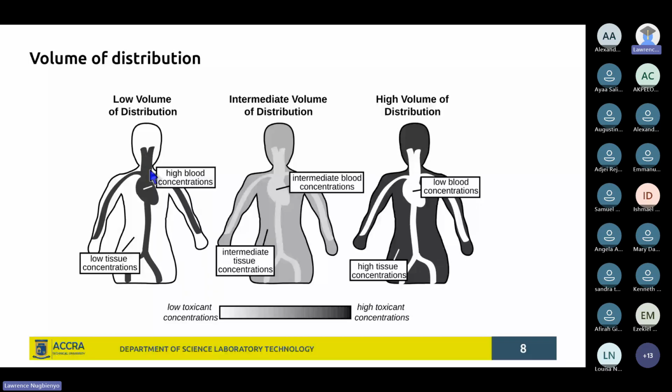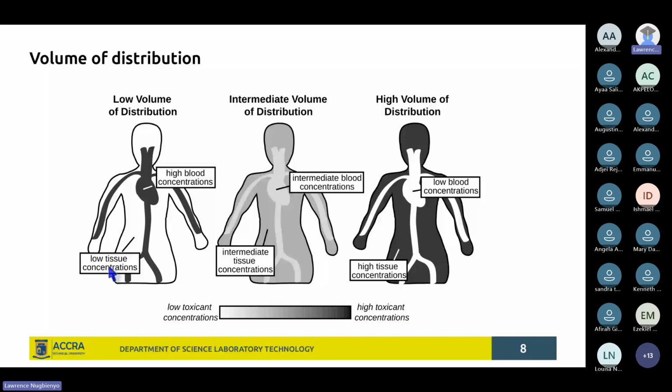So in the cardiovascular system, the concentration of the substance is high, which means the substance has more affinity for blood proteins, and so it remains in the bloodstream rather than in tissues. So tissue concentration is low.